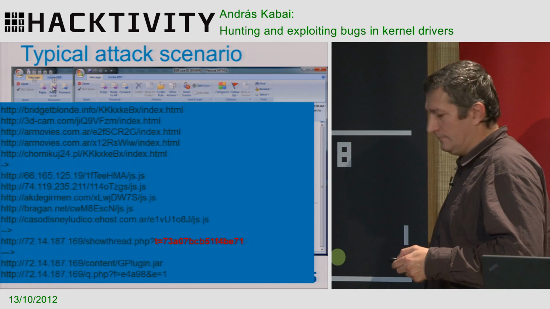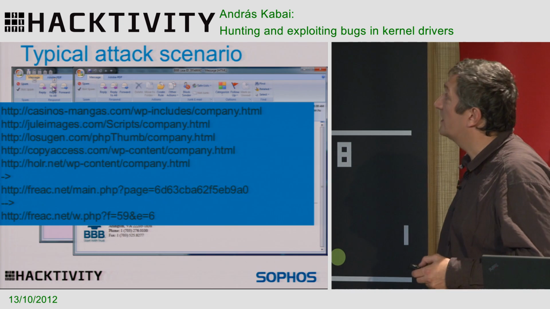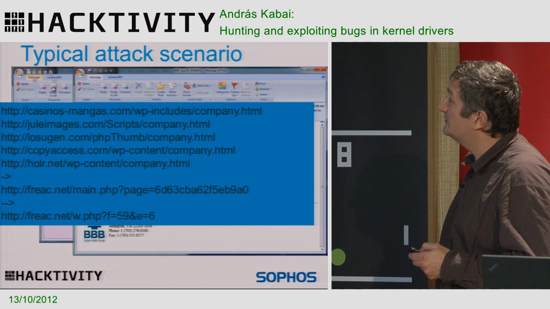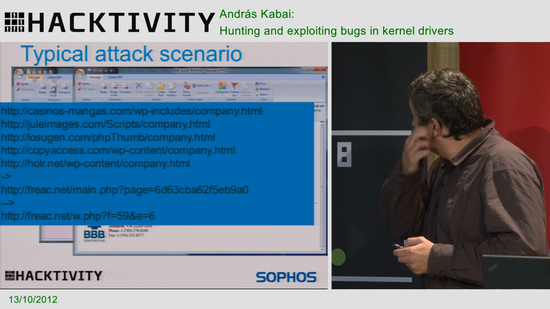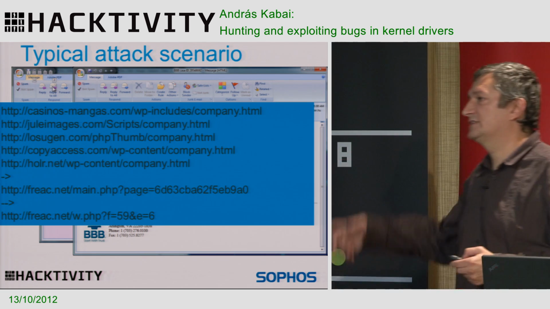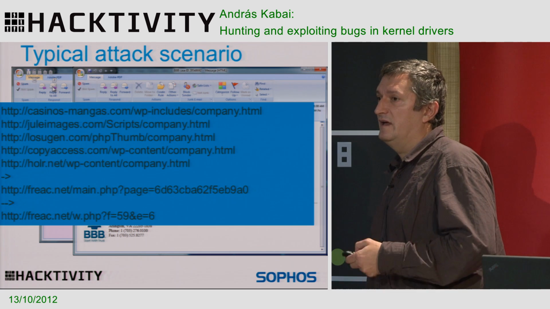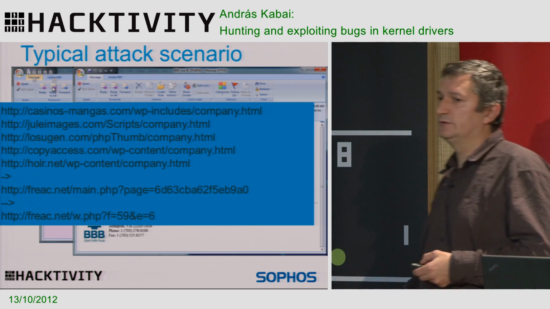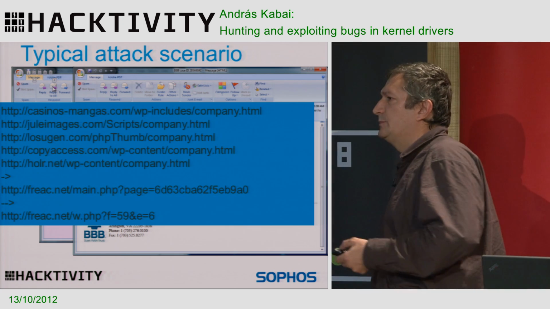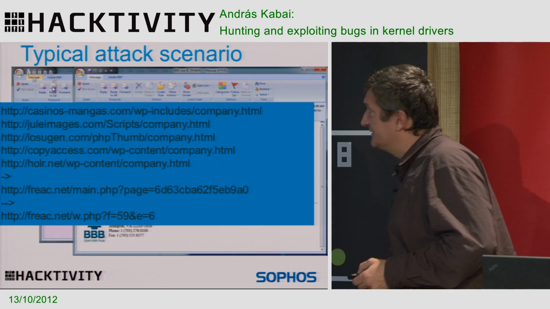And they pointed to locations. For example, in this particular attack, it was clear that the sites where the first stage redirections are hosted are all hacked WordPress installations, abusing one of the WordPress security vulnerabilities.